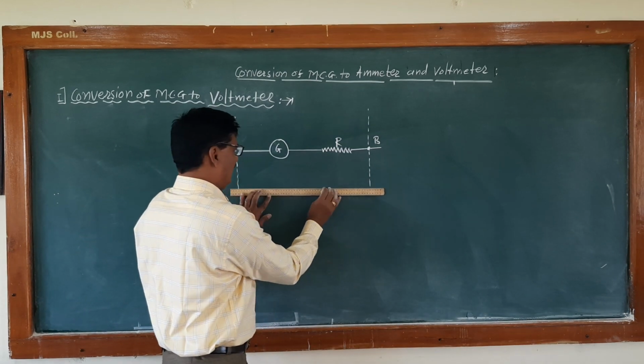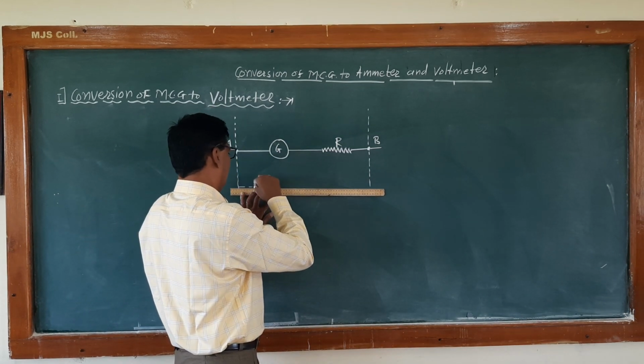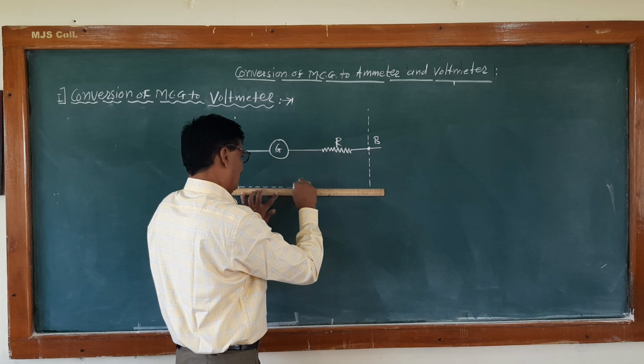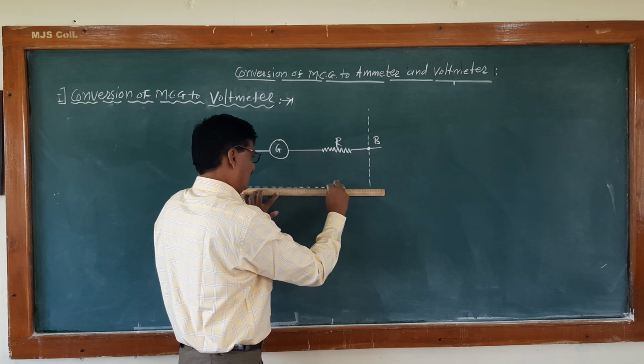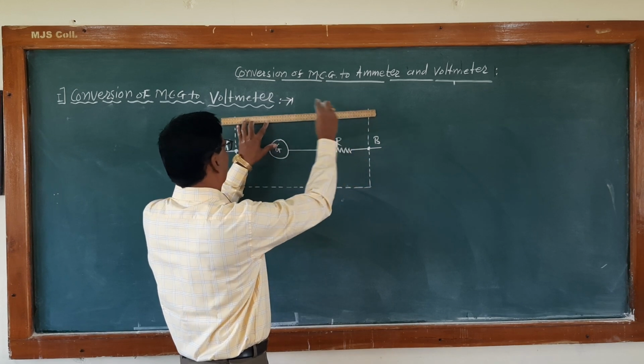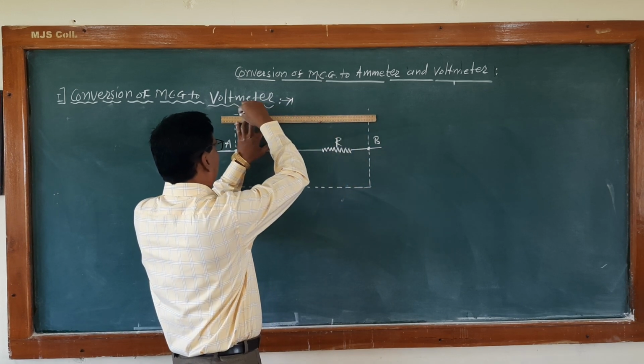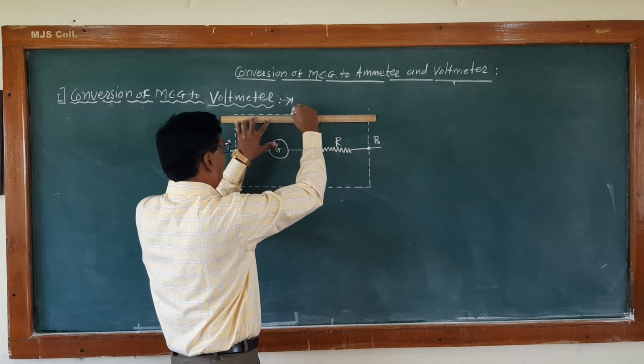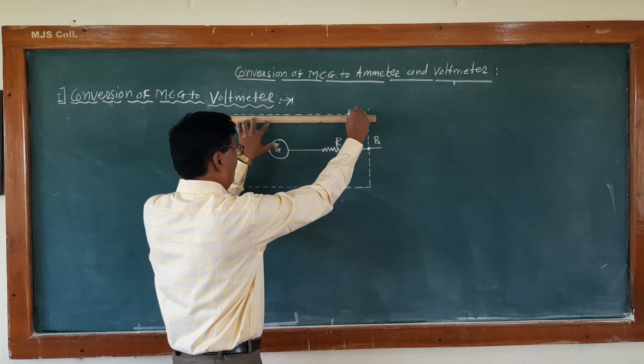In this arrangement, the resistances are connected in series. We know that if a number of resistances are connected in series, then the current across them is the same, but the potential difference is different. This type of arrangement is called resistances in series combination.